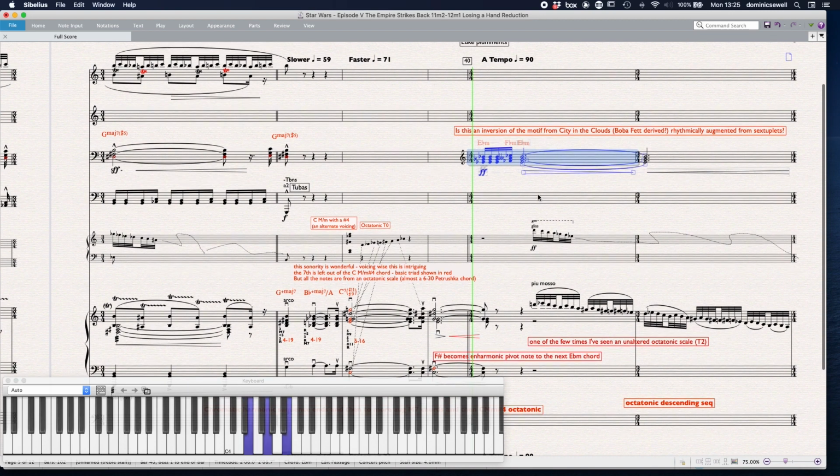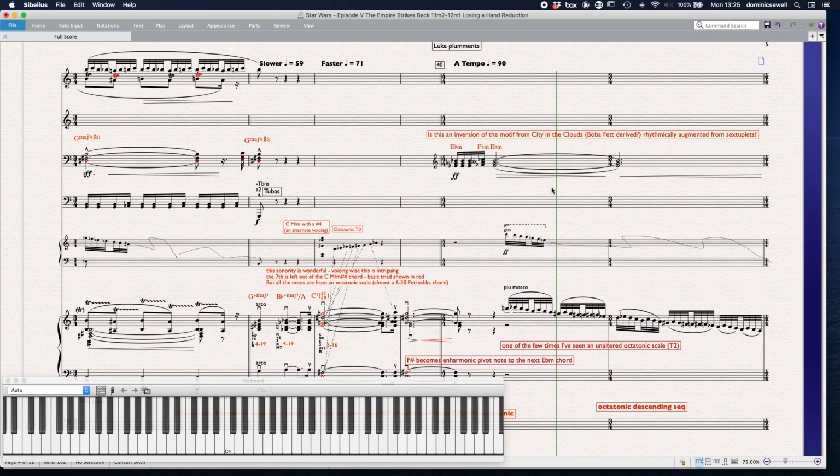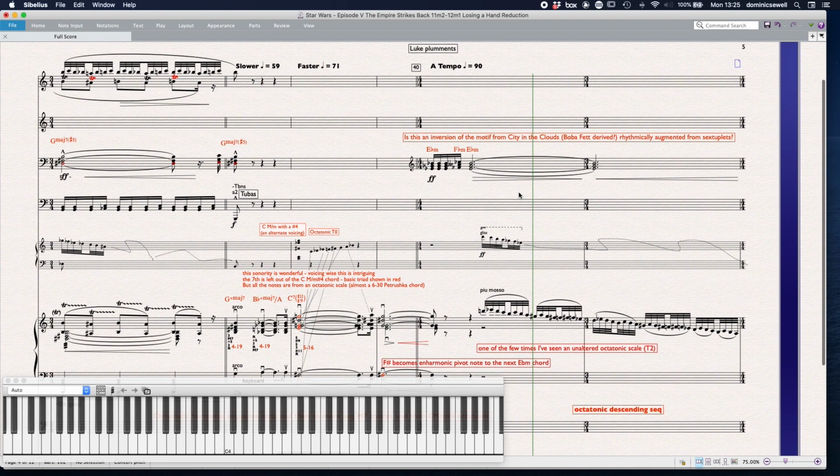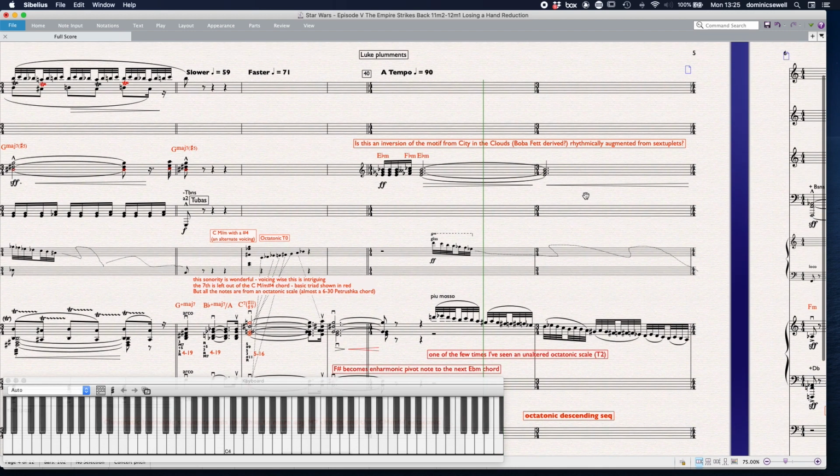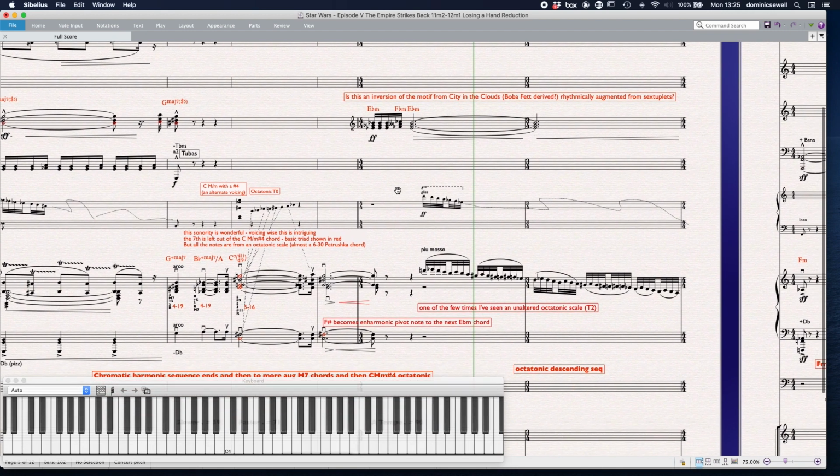Get another little fanfare. Almost like a sort of inversion of the City in the Clouds idea from Boba Fett. It could be derived, who knows? It's just a free-floating particle, or motivic particle, as Frank would call it.